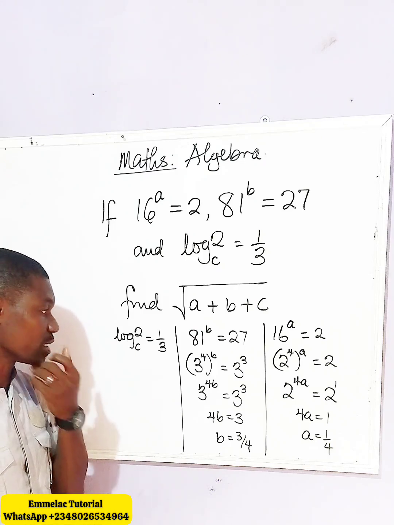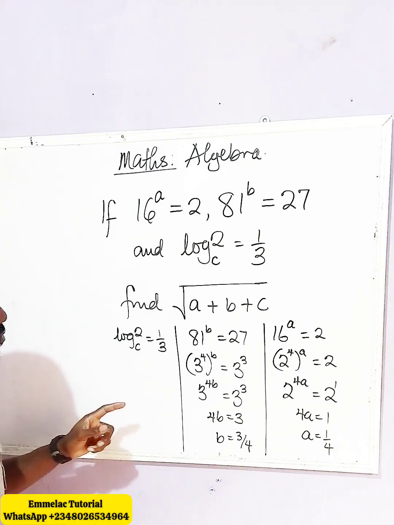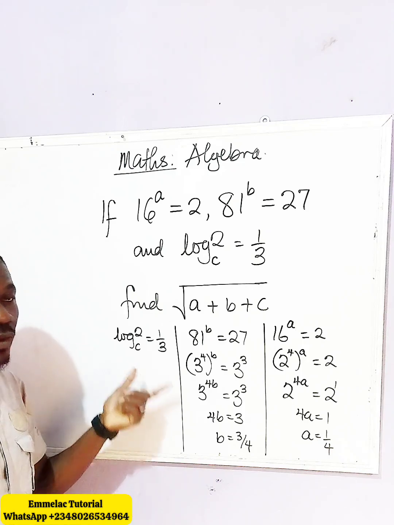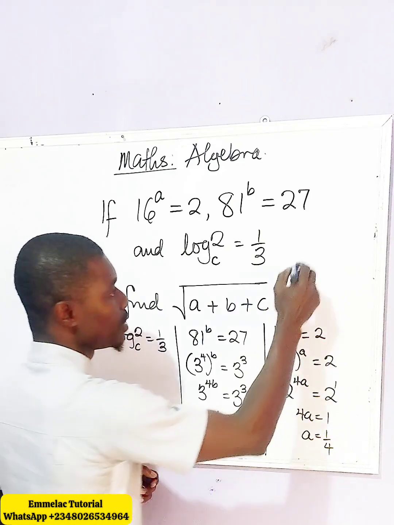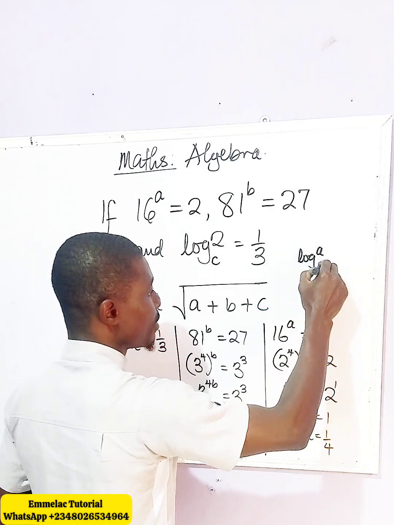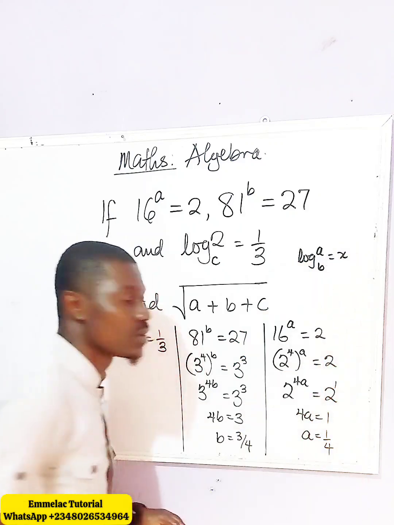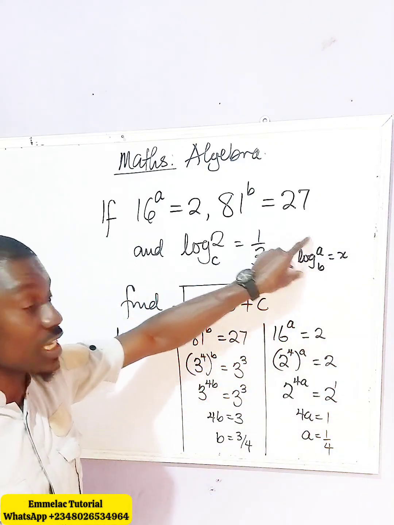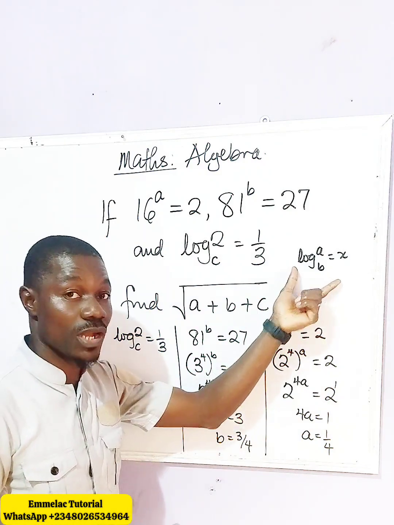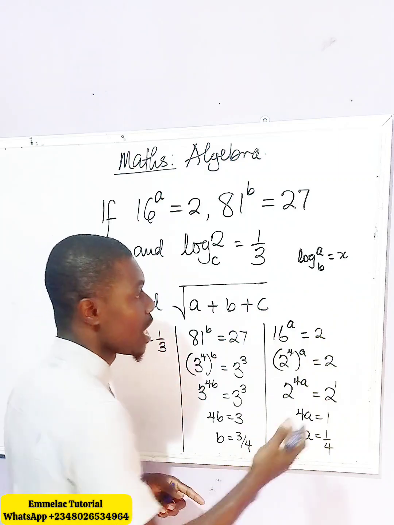So how do we go about it? Now, first of all, according to logarithm, we can actually change this to an exponent. And how do we do that? If we have log a base b equals x, take note, this logarithm equation can actually be transformed into an exponent. How?